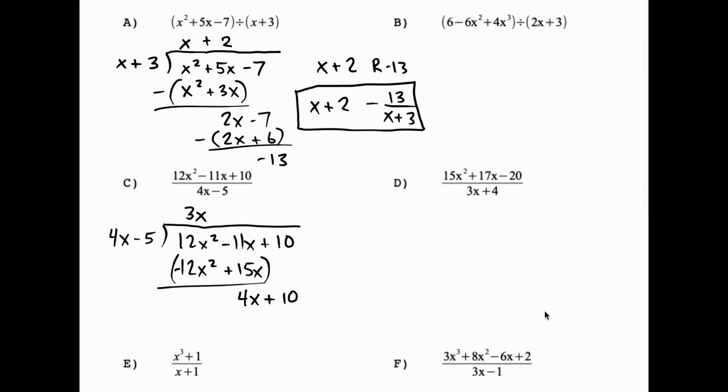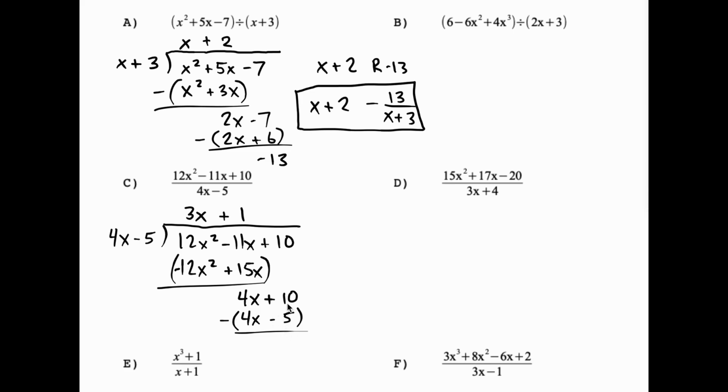You bring down the 10, and then we've already got a 4x there, so we can just multiply by a 1 there. Copy down everything. We'll subtract. Once again, we've got a double negative.